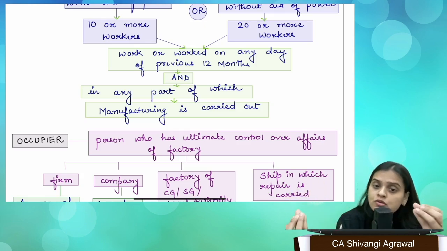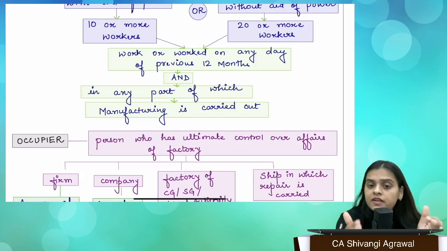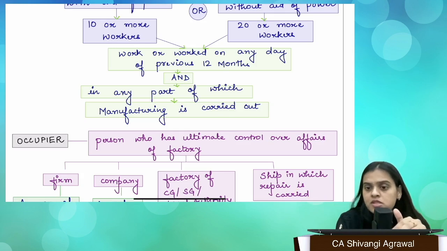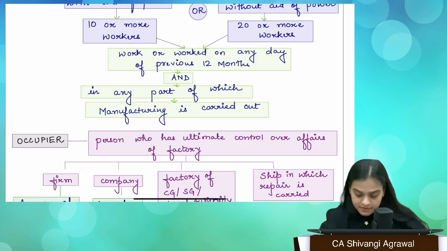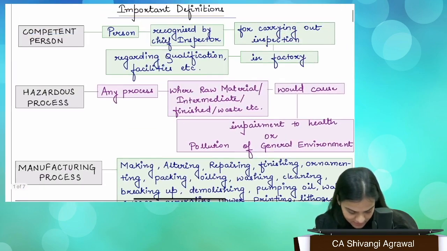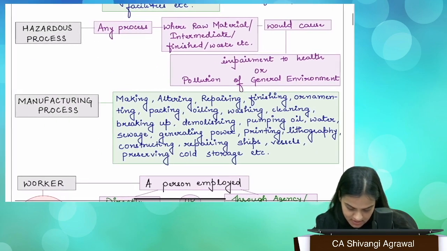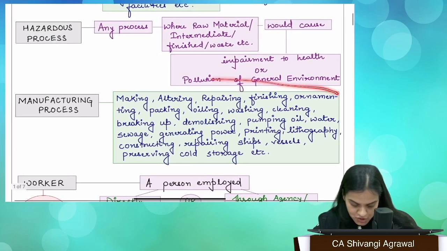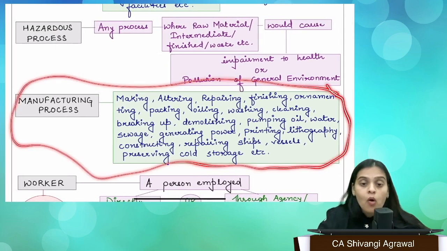That is also included in the definition of manufacturing. So the definition of manufacturing process is actually, I would say, exhaustive. Here it is. So manufacturing process includes all of this.